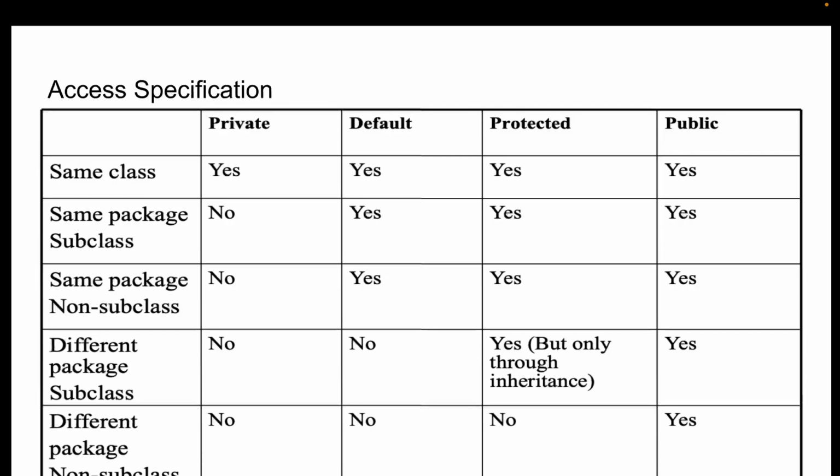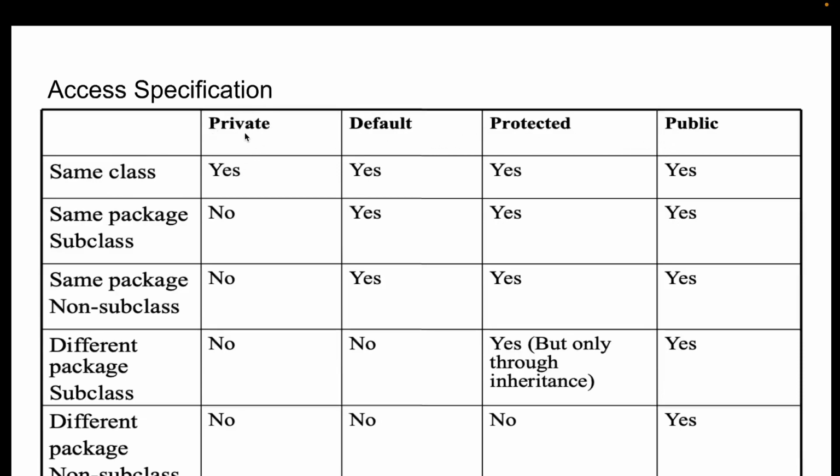And access specification. We have seen this topic already when I taught you access specifiers. What are the access specifiers mainly? These are private, default, protected, and public. While teaching inheritance, I have shown you the uses of private, default, protected, and public.